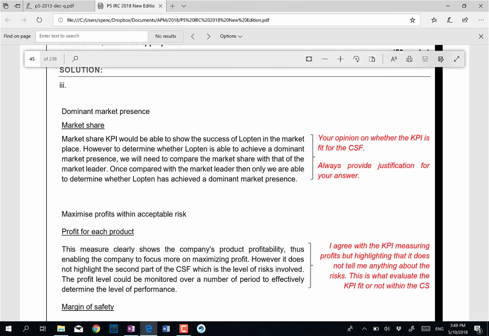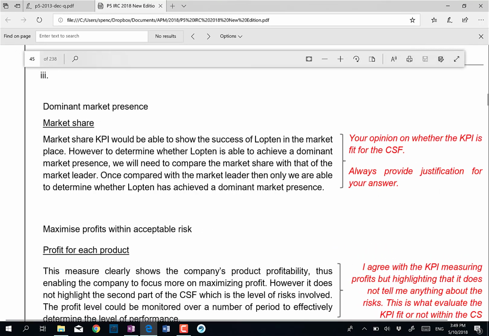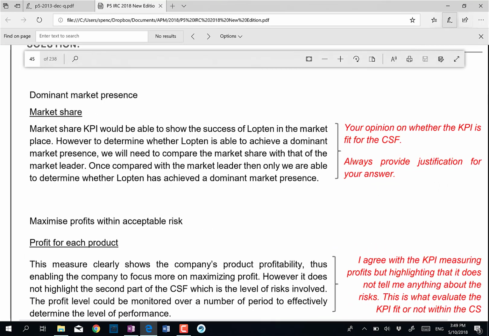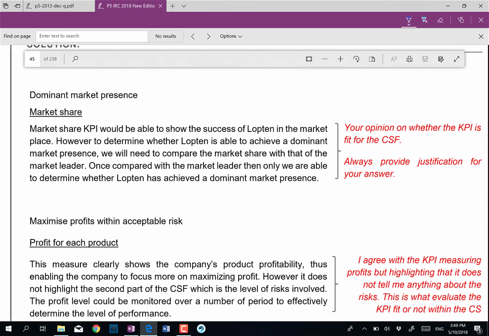Now, let us look at this answer that I have here. I would like to share with you. Okay, so the first critical success factor is to obtain a dominant market presence. So one relevant KPI from the question is market share. Look at your company's market share.